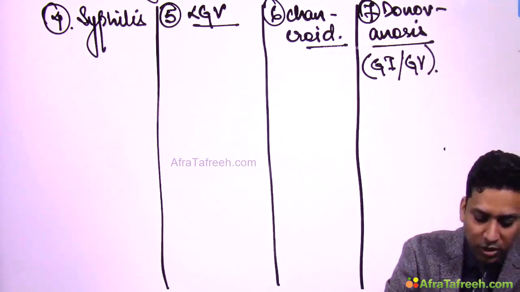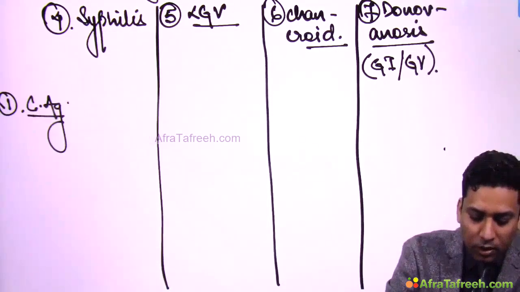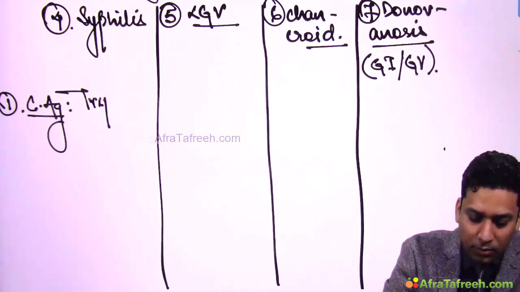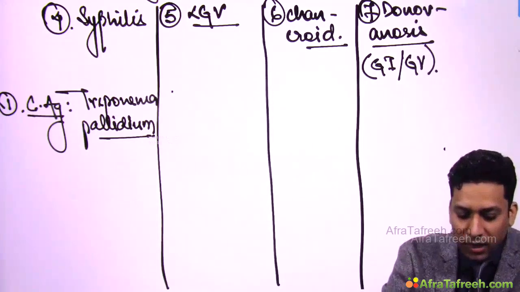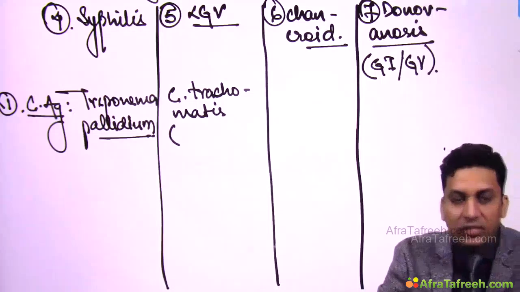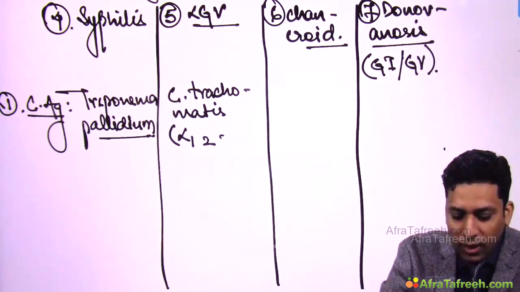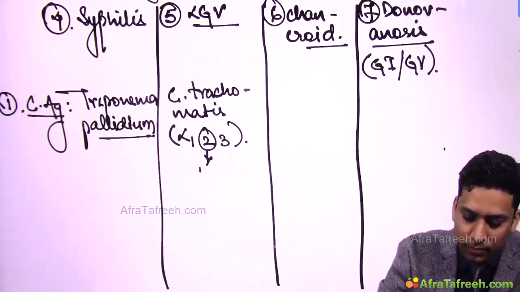Now these are a few differentiating features, like the first one is causative agent. Now all of you know the causative agent for syphilis is Treponema pallidum, while LGV is caused by Chlamydia trachomatis. There are various serovars like L1, L2, L3. If they ask you which among these is most common, then it is L2.